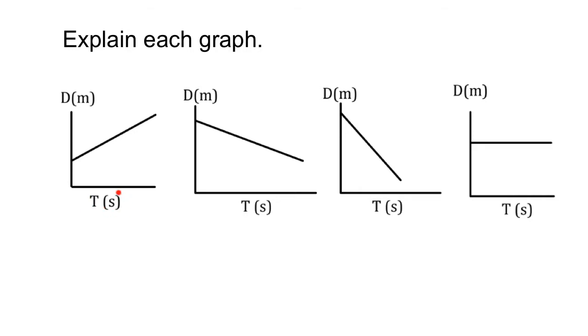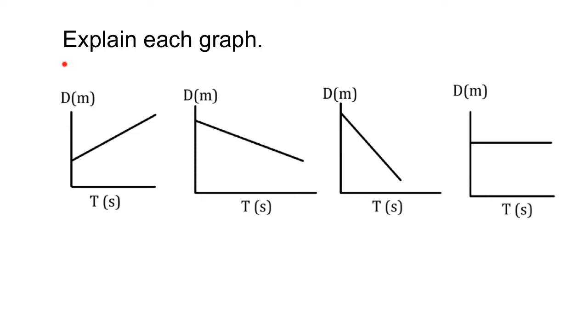Well, anytime you're dealing with time, time is independent of everything. Time just keeps moving. It doesn't matter what your distance is, time keeps moving on its own. So you never have to be confused if time is one of your variables. It will always be independent. It will always go on your x-axis.